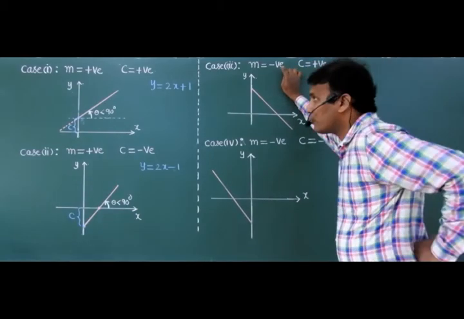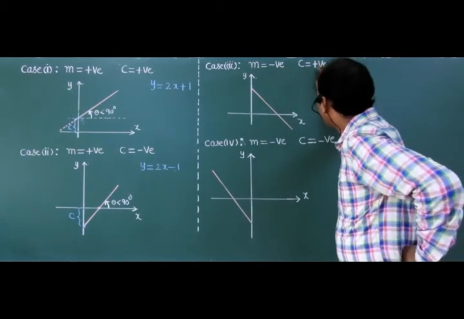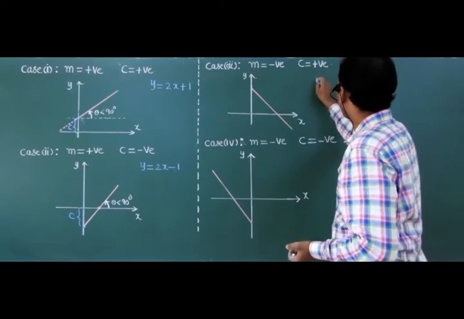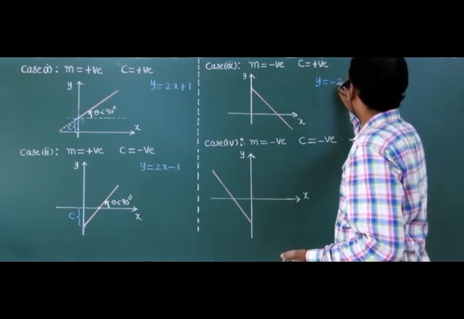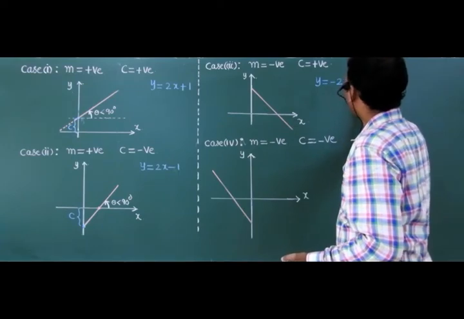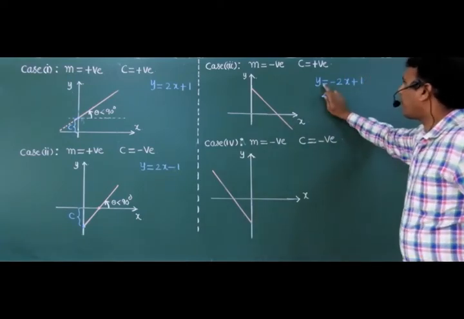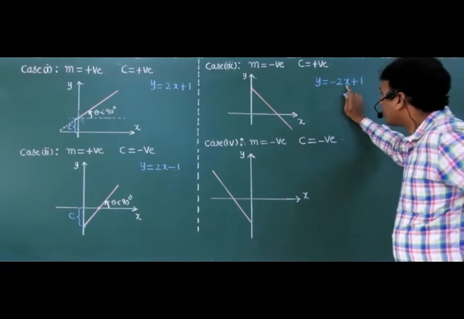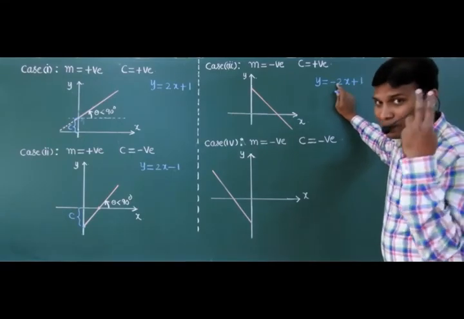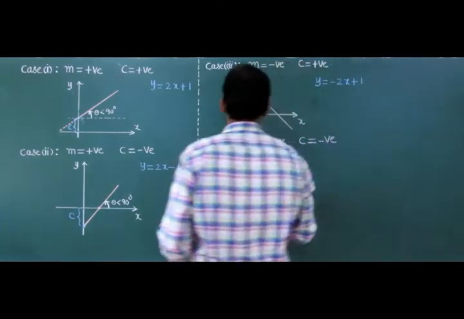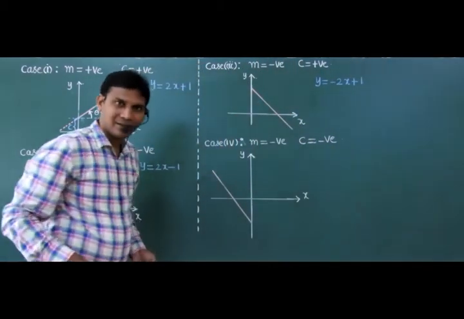Case 3. Slope is negative, intercept is positive. Here I will write one example. Y equal to minus 2x plus 1. C is plus 1, M is minus 2. Now the nature of the graph is like this.